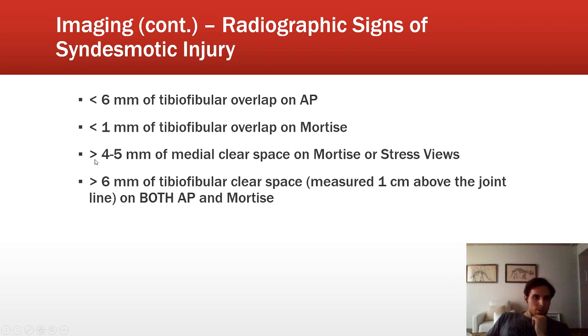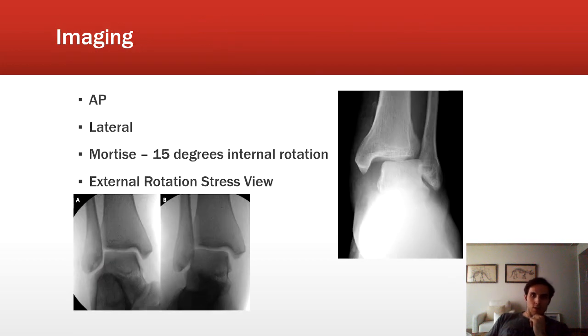So as I was saying, greater than 4 to 5 millimeters of medial clear space, depending on what sources you look at, on mortise or stress views, is concerning for syndesmotic injury and deltoid ligament disruption. So if you look at this, I don't have any tools to measure this, but just eyeballing it, it looks like there's more than 4 to 5 millimeters of medial clear space.